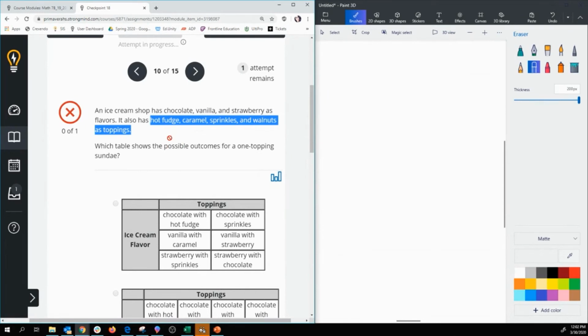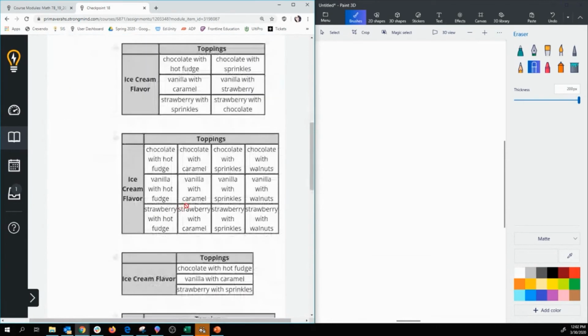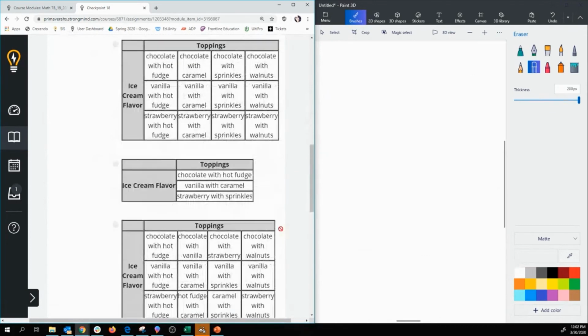So since there are 4 toppings and 3 ice cream flavors, I want to pick a table that has 3 ice cream flavors as well as 4 different toppings. So each flavor and each topping should have a different column. Now, there's 2 tables that look very similar, but be careful.